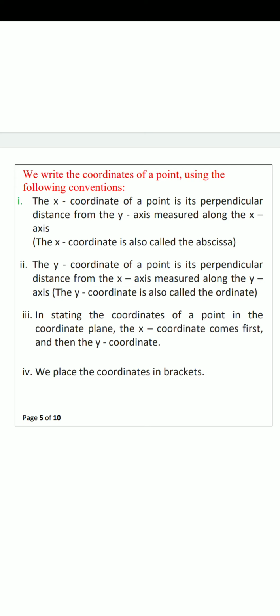The first coordinate we write is the x coordinate, and second we write the y coordinate. And x coordinate is what? The perpendicular distance of the point from the y-axis, and y coordinate is the perpendicular distance of the point from the x-axis.